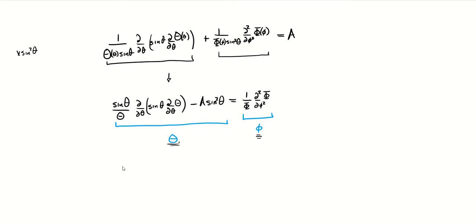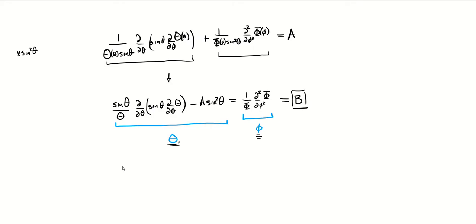If changing the variable on the left-hand side doesn't affect the right-hand side and they're still equal, then this whole thing must be constant as a function of theta, and likewise this must be constant as a function of phi. So we set this whole thing equal to a second, different constant, B, just some separation of variables constant we've yet to determine.